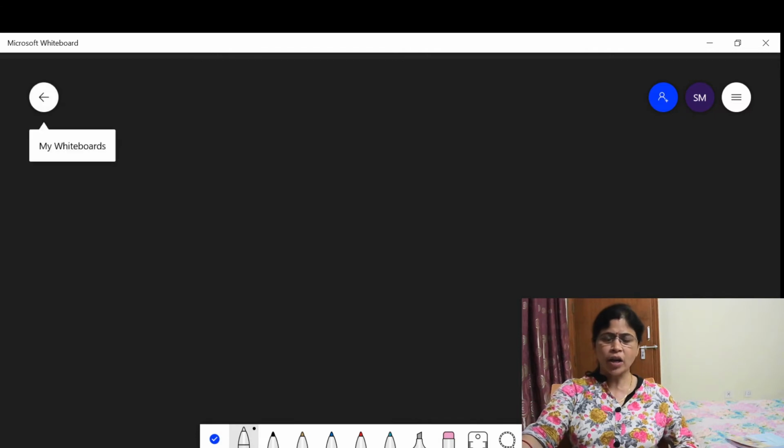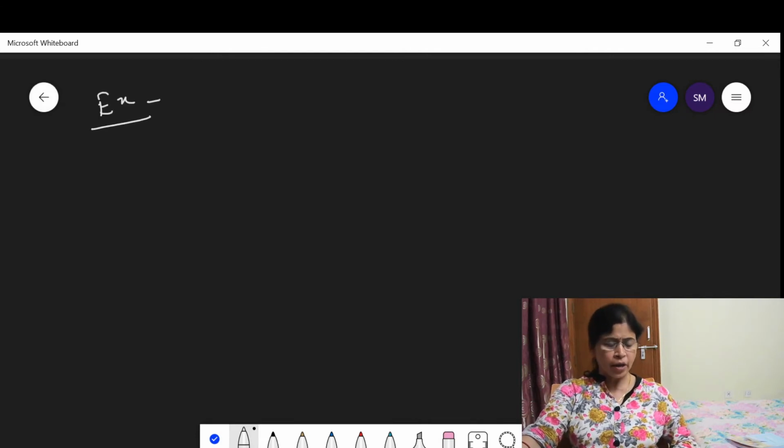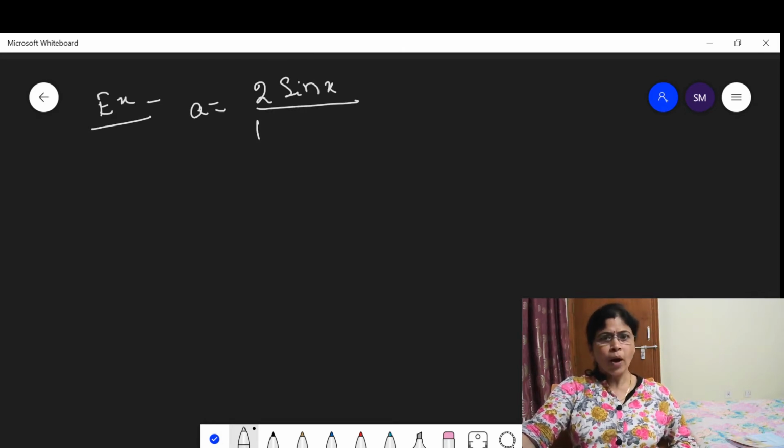I will redo the question. Look at here, the question says, be careful. I have already told you, it is only a single mistake, the single mistake which puzzled us. This question says that A is equal to 2 sin x upon 1 plus cos x plus sin x.